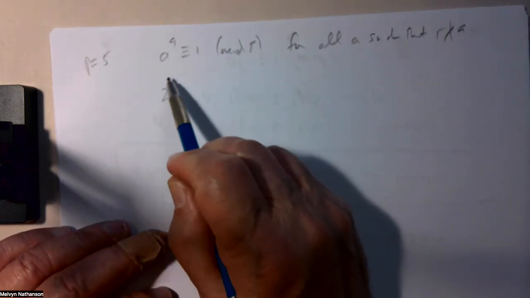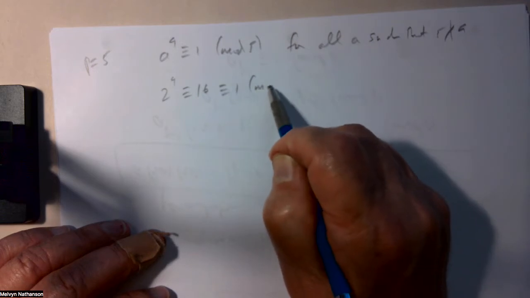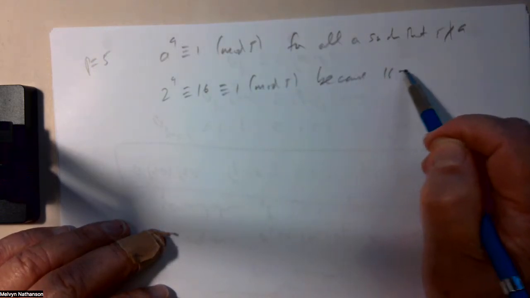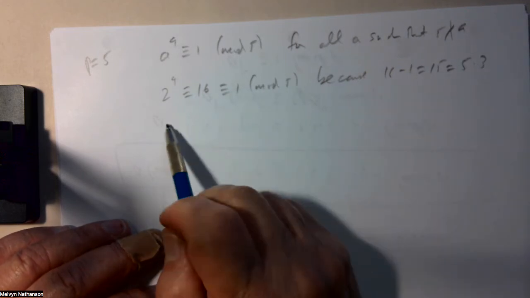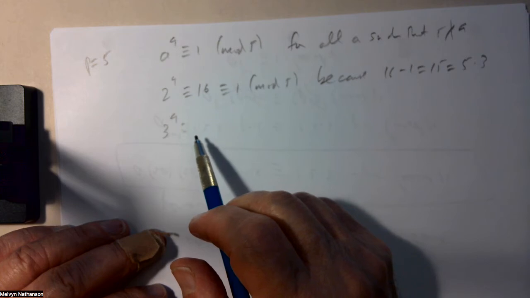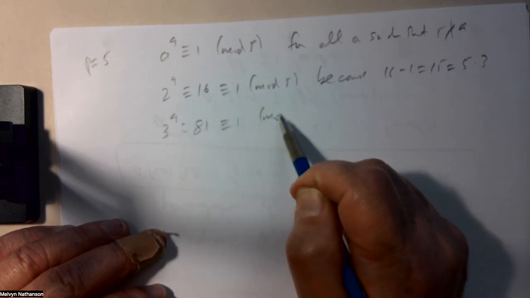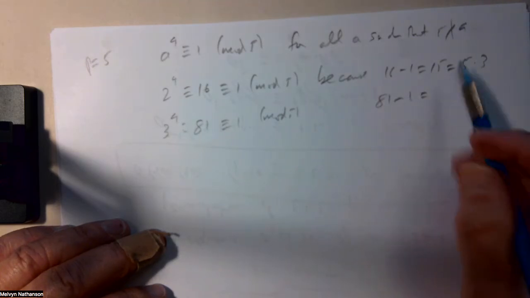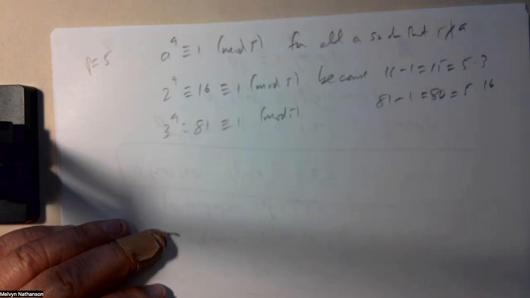So for example, 2 to the 4th is 16, which is congruent to 1 mod 5, because 16 minus 1 is 15. It's 5 times 3. 3 to the 4th, 3, 9, 27, 81, congruent to 1 mod 5, because 81 minus 1 is 80, which is 5 times 16.